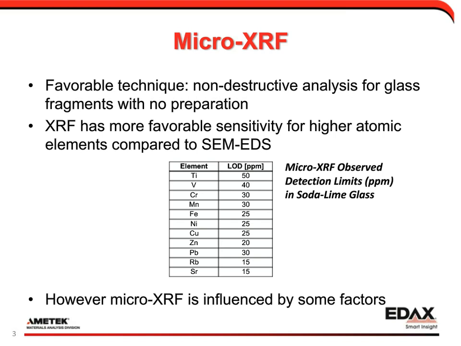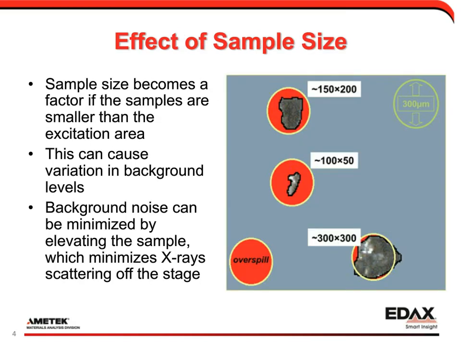So to now review some of these issues in more detail, the first one we have is the effect of sample size. The effect of sample size is quite apparent, and it becomes a bigger factor if the samples are substantially smaller than the actual excitation area provided by the X-ray beam. This excess excitation area is referred to as beam overspill and can cause additional background noise.